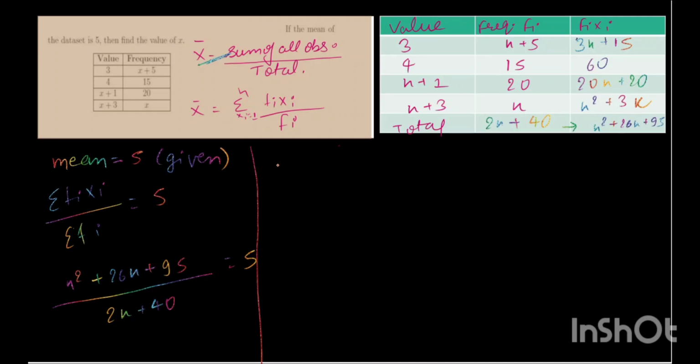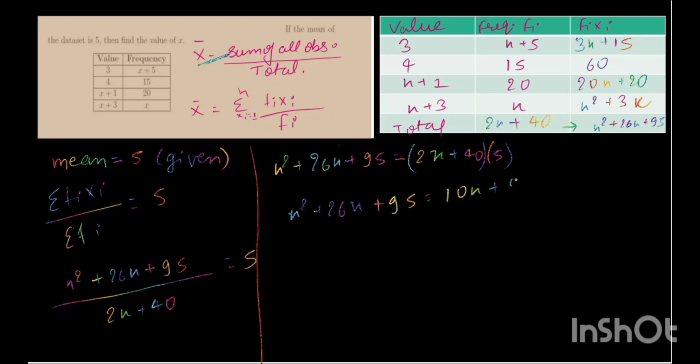That means x square plus 26x plus 95 is equal to 2x plus 40 multiplied by 5. x square plus 26x plus 95 is equal to 10x plus 200. x square plus 16x minus 105 is equal to 0.